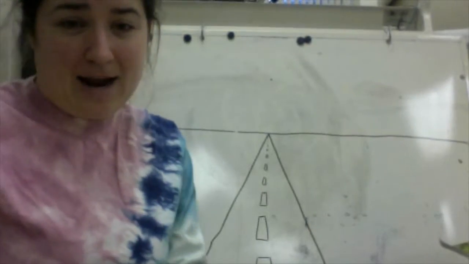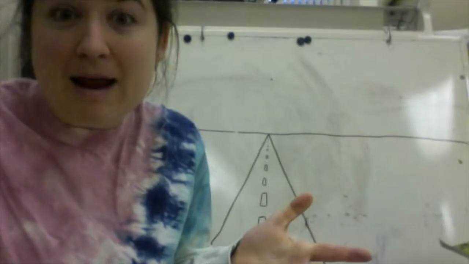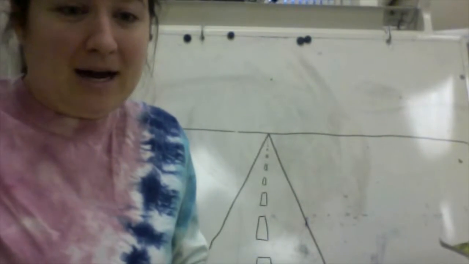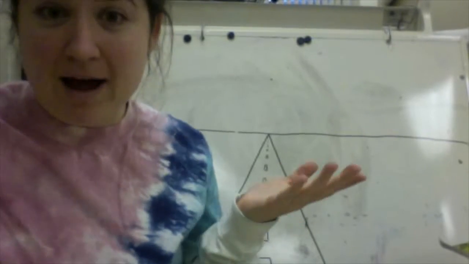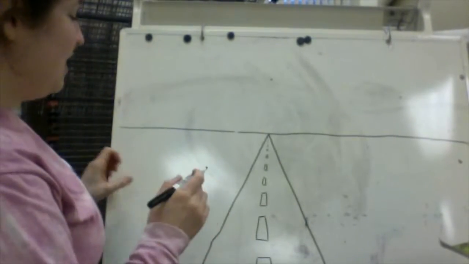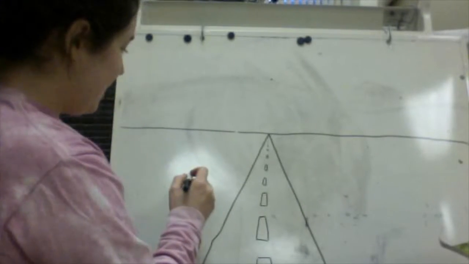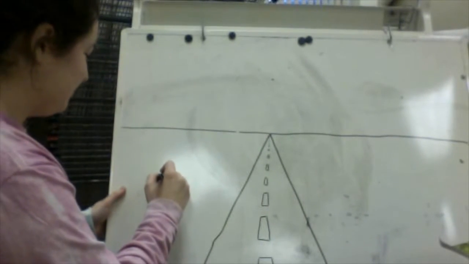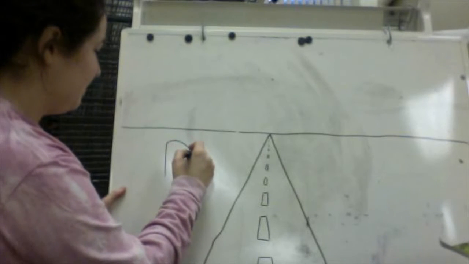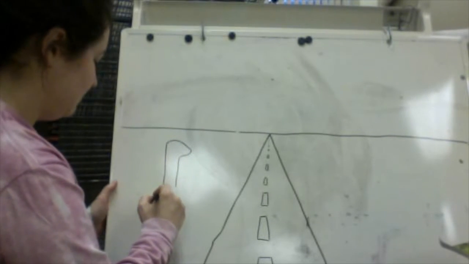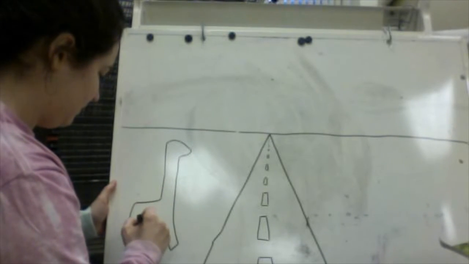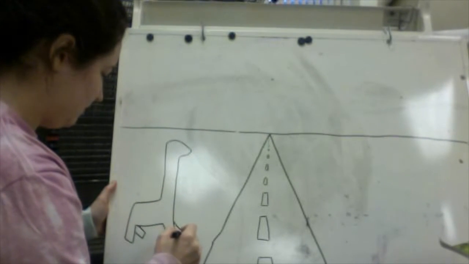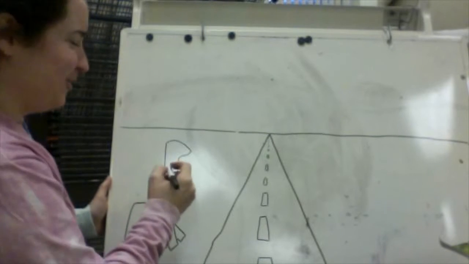So what else could I have next to my road? It can be anything. Maybe I decide to put, I don't know, a giraffe next to my road. That's the first thing I thought of. So let's see. If I had a giraffe, kind of looks like a long-necked dinosaur.